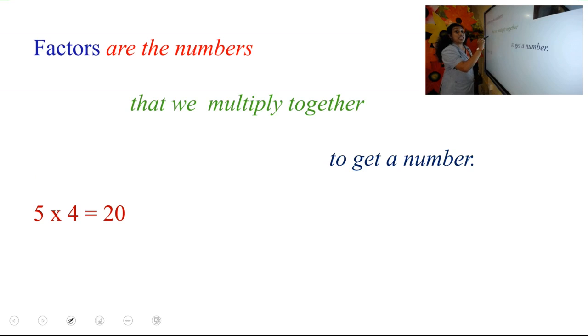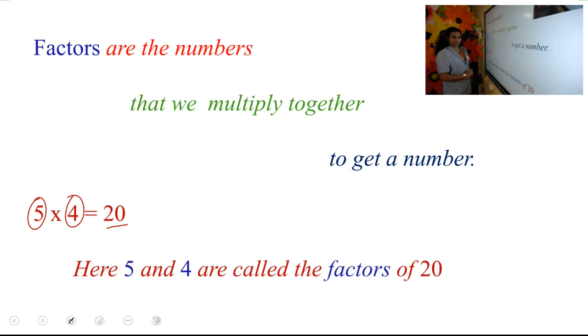Factors are the numbers that we multiply together to get a number, and the number here is 20. When you get the answer 20, many answers are possible, but one example is given here. In this, 5 and 4 are called the factors of 20. Understood? Clear? So, next.